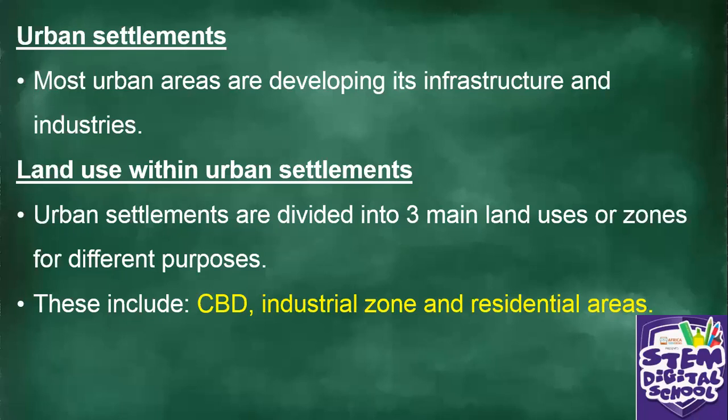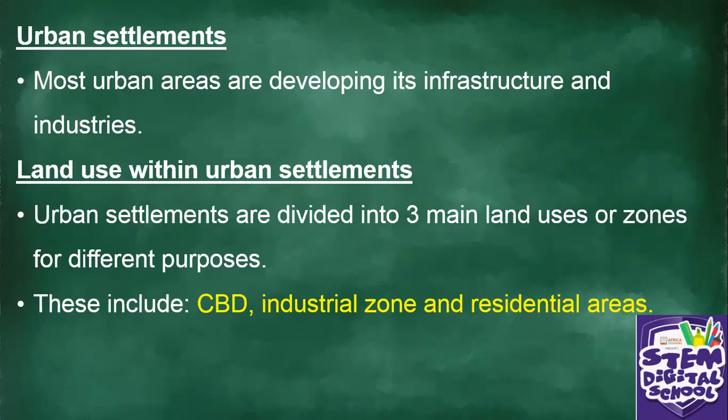Urban settlements are divided into three main land uses or zones for different purposes. These include CBD, industrial zone, and residential areas.